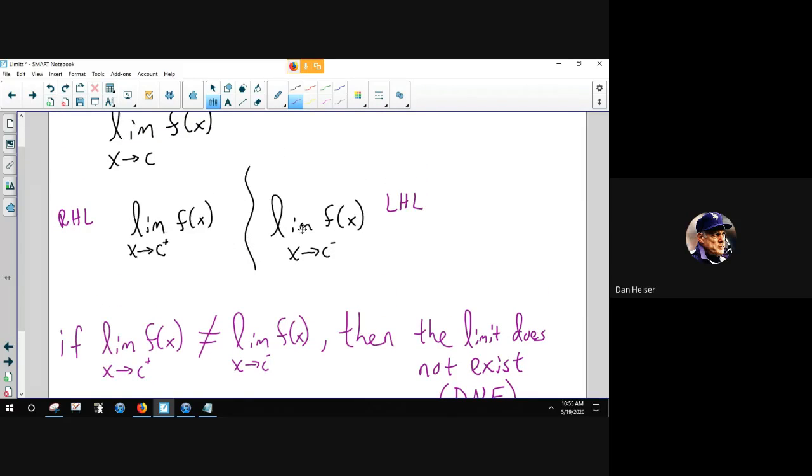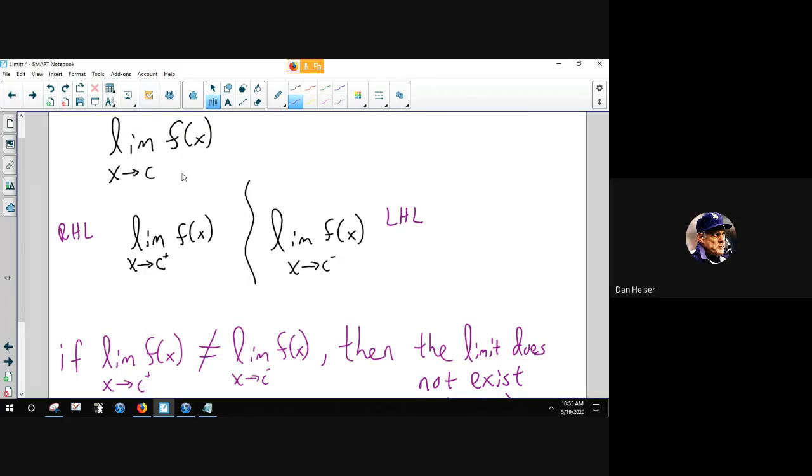These three are their own separate limits. This is the limit of the function from both sides simultaneously. Sometimes we can't do that. Sometimes we can only approach from one side or another.